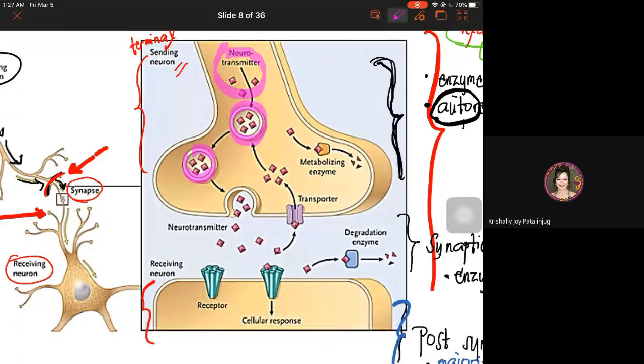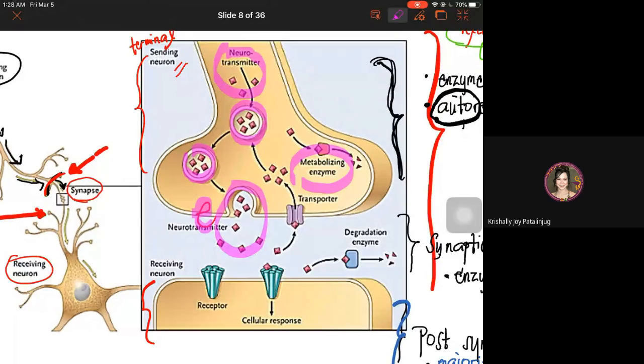Also, there are enzymes found in the pre-synapse. Also, we have the process of release of neurotransmitters via exocytosis. This is the process of release of neurotransmitters.